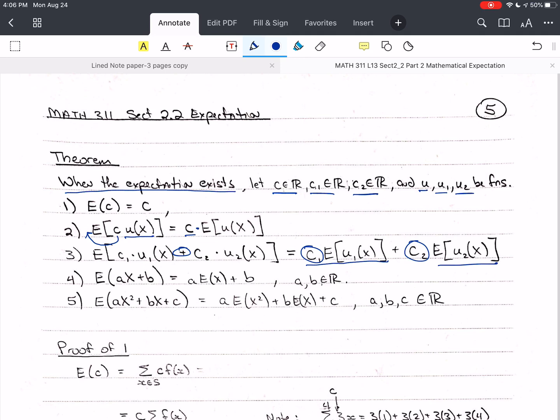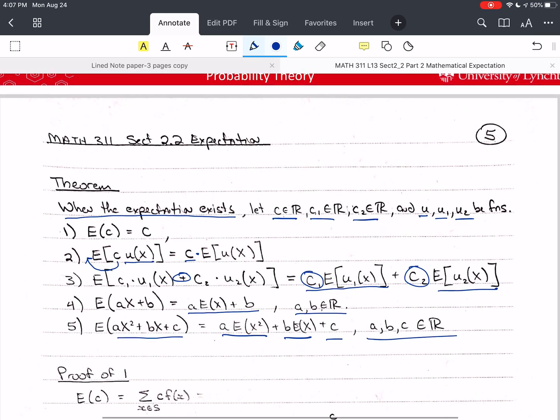It's a linear operator, so here we have the expectation of a random line, a times x plus b, where x is a random variable. And using the above properties, we can see that it is a times E of x plus b, where a and b are constants. And then here we've got a quadratic, and the expectation of it, everywhere there's a plus, we can just break it out. And here, a, b, and c are constants.